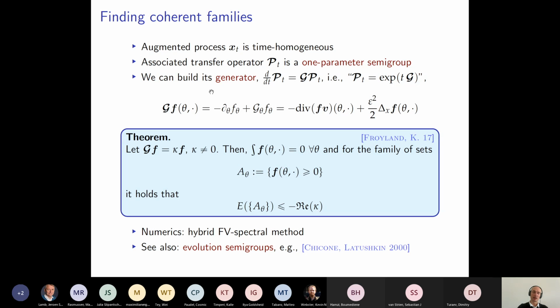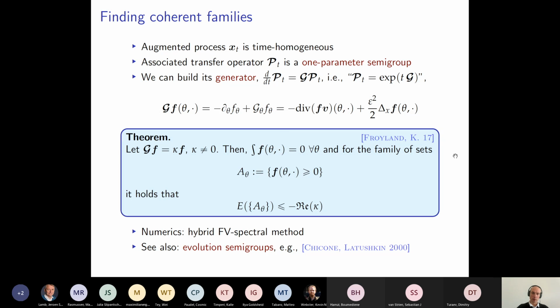Because I'm in augmented space, I have a transport term in time, and I have the Fokker-Planck operator of the SDE at time theta for the spatial derivatives. So it's second order in space, and it's first order in time, this operator.